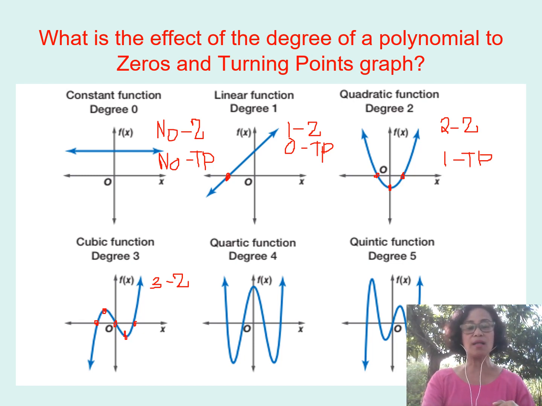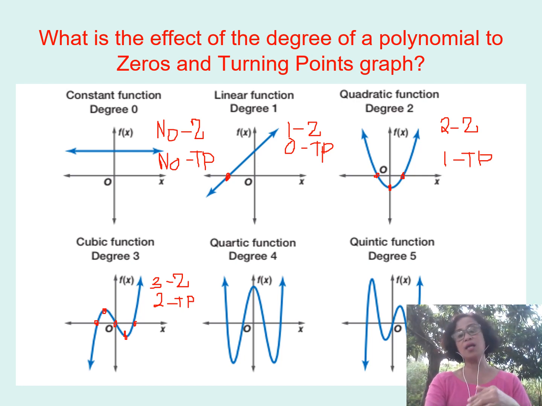Then it increased again. So, as to turning points, it has 2 turning points. Now, I hope you can already notice that as the degree goes higher, the number of zeros and the number of turning points increases as well.